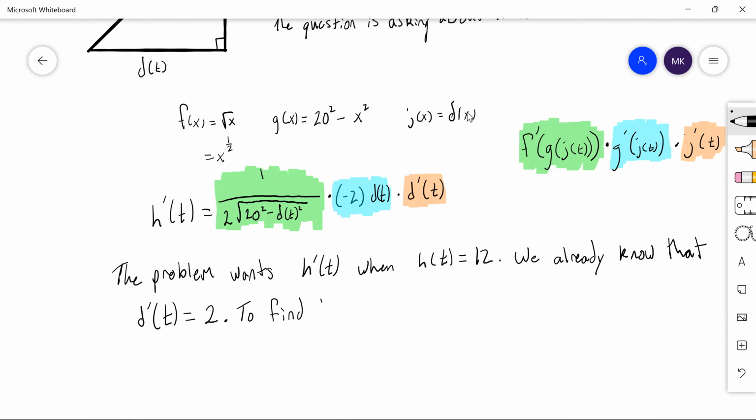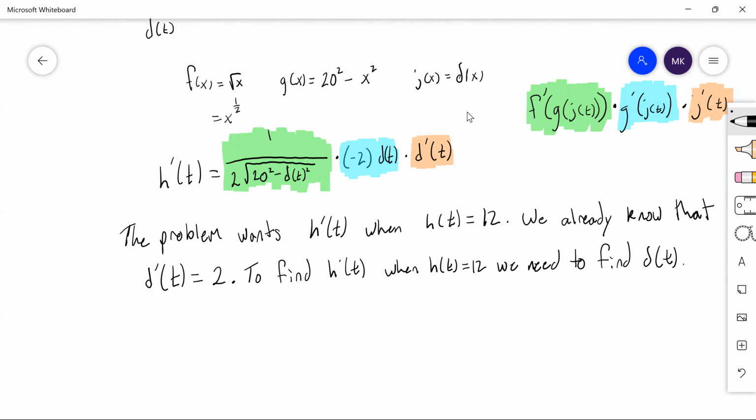So to find h prime of t, now I'm writing all this out because this is just what I'm saying to you guys. You don't have to write all this if you're just listening, but write it if you want. To find h prime of t, when h of t equals 12, we need to find d of t.